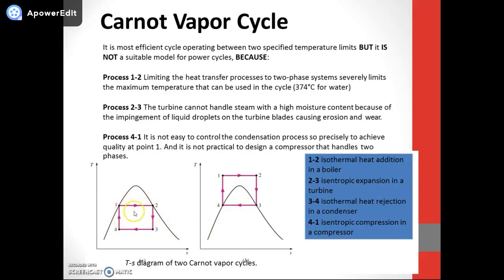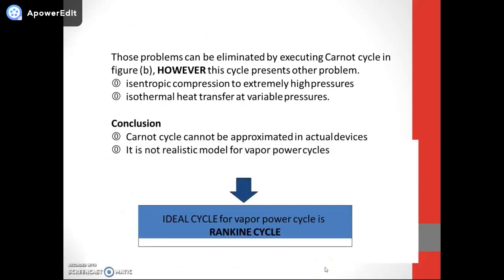So what happens is that we are dealing with parts liquid and parts vapor, so we are trying to change this to this. These problems can be eliminated by executing the Carnot cycle as in figure B. However, this cycle presents other problems.